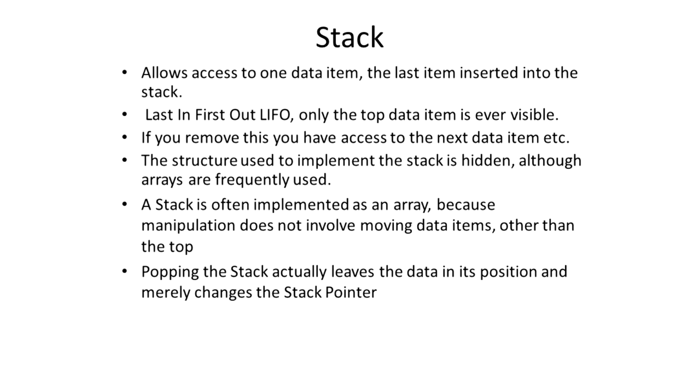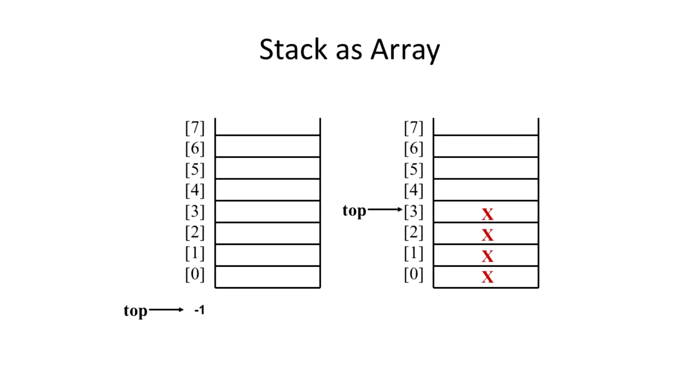So therefore, an array of fixed size tends to be preferable for implementing stacks. And of course, as our arrays are indexed, we can use this index to keep a track of the last element that's been added to in our array, or in other words, the top of the stack. And so we therefore have a variable in our stack which is used to store the index of the top element.